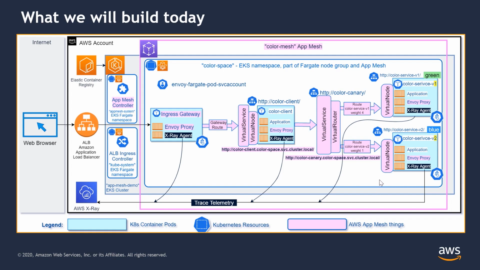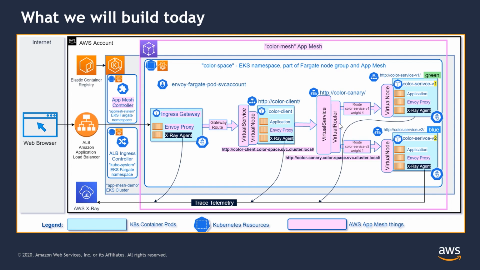While we're here, in case you are not familiar with different types of App Mesh resources, let me introduce a few resource types that we will rely on today. Virtual nodes represent sets of running containers, which in Kubernetes translates to sets of pods, similar to how Kubernetes deployment represents a set of pods.